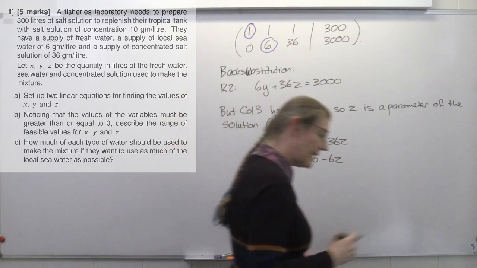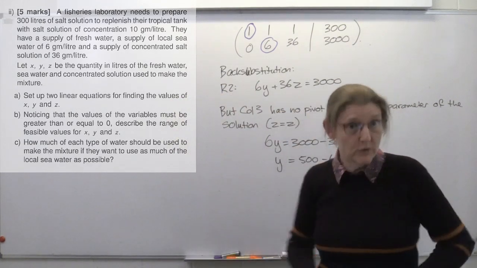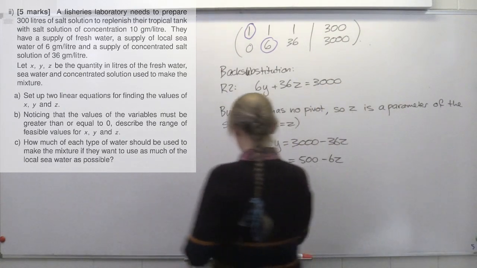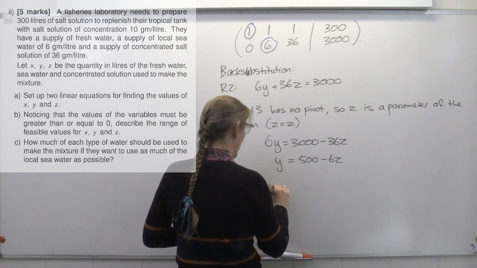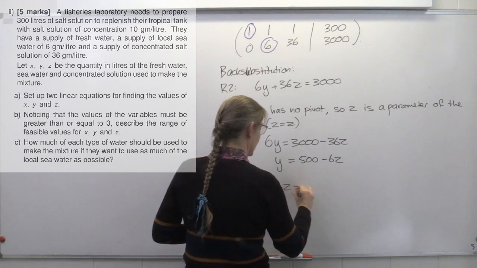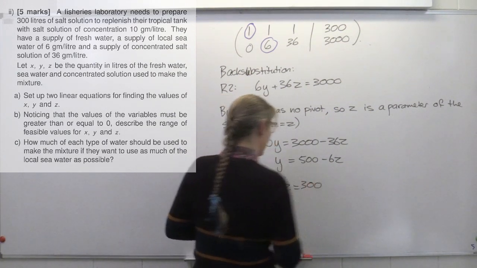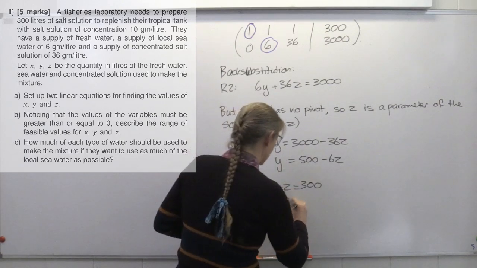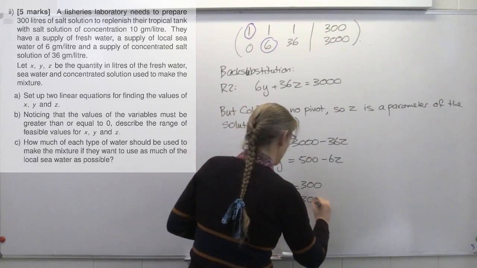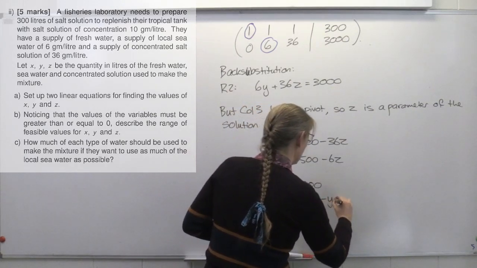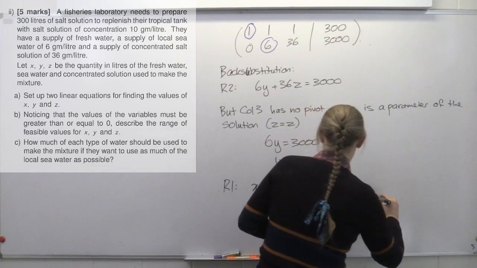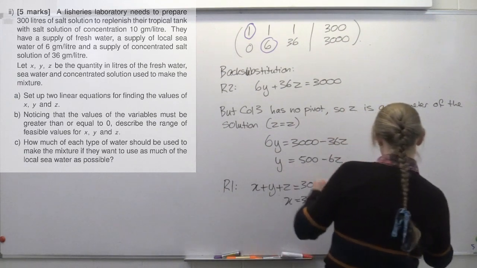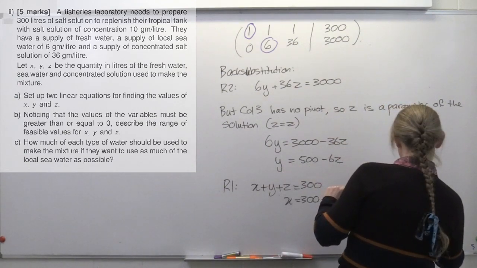All right, let's flow this back up, back substituting up to row 1. Row 1 says x plus y plus z is equal to 300. In other words, x is equal to 300 minus y minus z. That's equal to 300 minus (500 minus 6z).